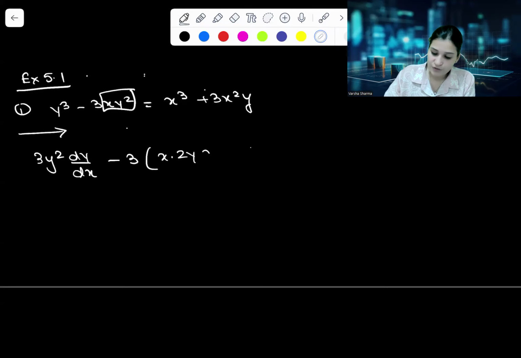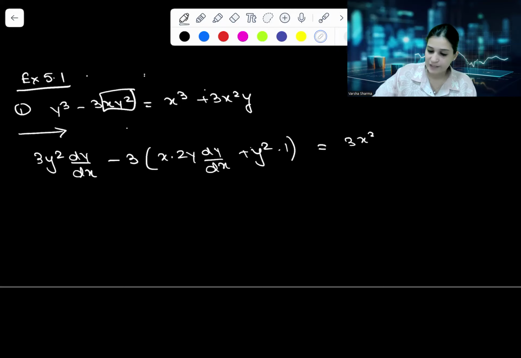y square becomes 2y dy by dx, plus leaving y square, x becomes 1. On the right, x cube gives 3x square, plus 3x square y, again product rule: leaving x square, y becomes dy by dx, leaving y, x square becomes 2x.